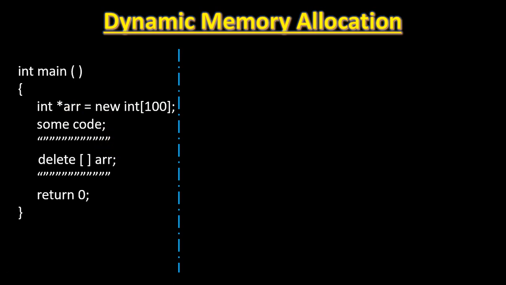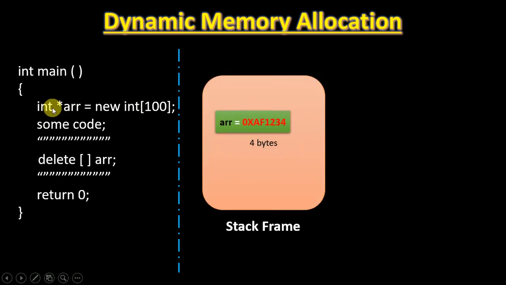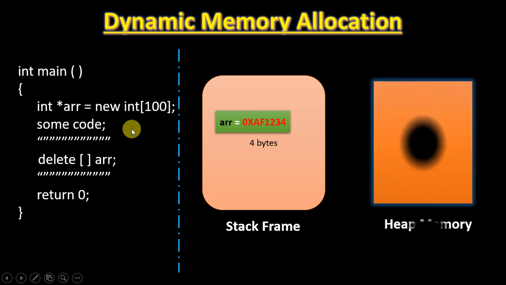As soon as the CPU control executes this line, in the stack frame 4 bytes of memory will be created for this ARR. And since you are using new, there will be another segment, the heap segment. In the heap segment, 100 locations will be allocated, and each location is 4 bytes, because it is an integer.